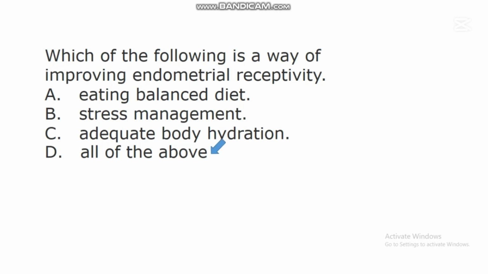Research has shown that adequate body hydration ensures that different organs and tissues in the body system function very well. So when there is adequate body hydration, it will help the uterus to do its job very well, and is also a way of improving endometrial receptivity. All these options are ways of improving endometrial receptivity.